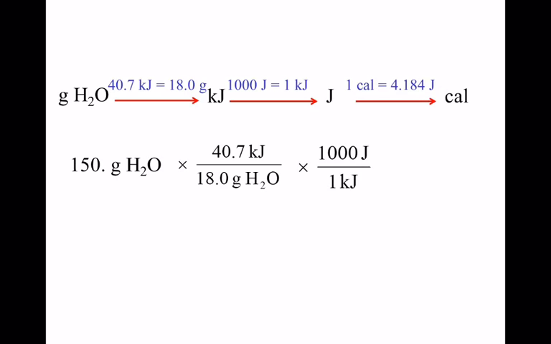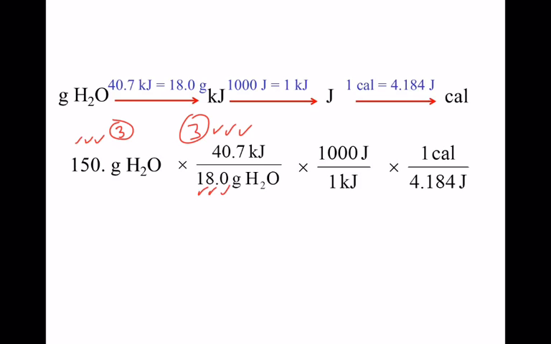1 calorie over 4.184 joules. Exactly. So looking at how we're going to round this, there's 3 sig figs here, 3 here, 3 here. This brings no uncertainty, and that's an exact relationship too. So it looks like we're at 3 sig figs.